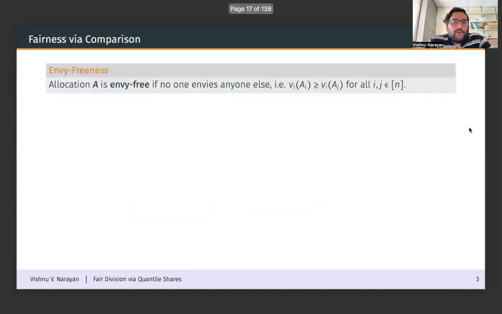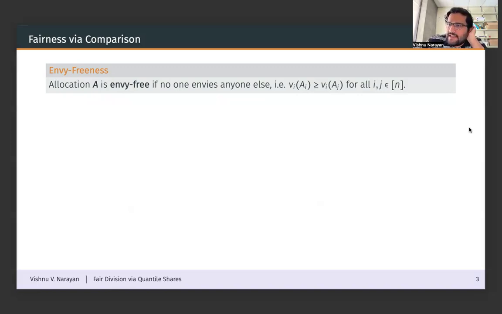Okay, so the first category of fairness definitions, like I mentioned, is fairness via comparison. And the standard fairness via comparison notion is envy freeness. So an allocation A is envy free if no one envies anyone else, as the name suggests. So v_i of A_i is at least v_i of A_j for all agents i and j.